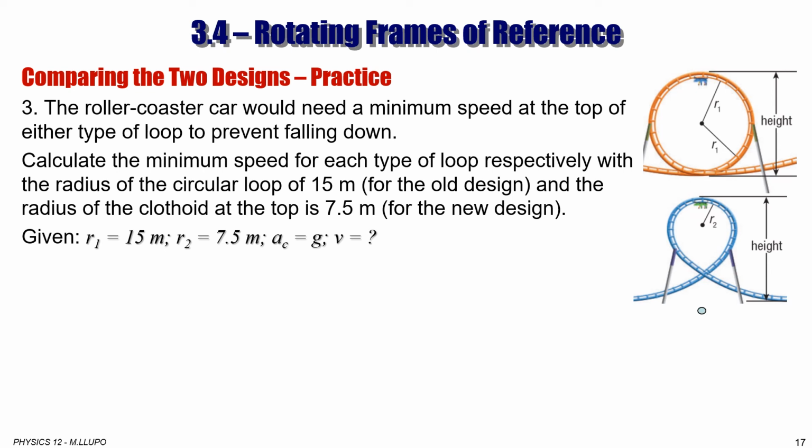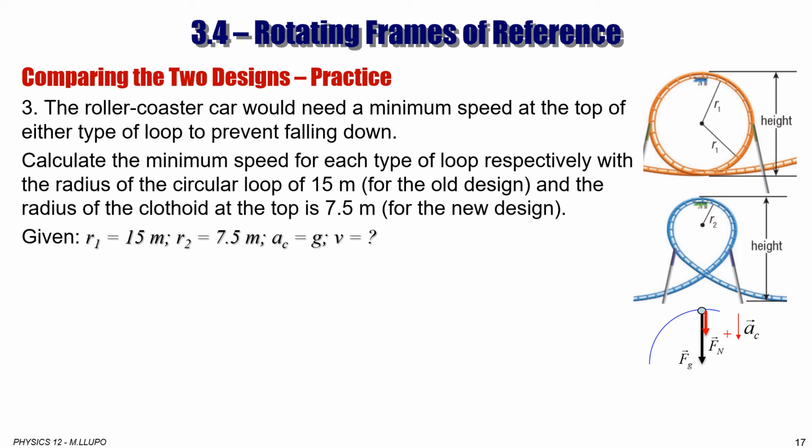So what we have are those radii, and we draw a free body diagram. You see the force of gravity is toward the center of the earth, and the normal force, I draw it down because it is on the top of the loop, it cannot go higher than that. However, what we need here is the normal force has to be 0.